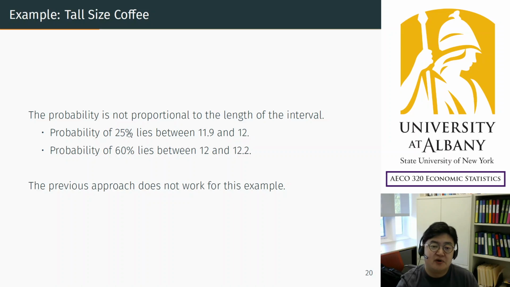Length is double, but probability is more than double. Something is not proportional. So length is not sufficient to describe the probability. Our previous example was just an example, just to help you understand. The intuition survives, but it is not general enough.